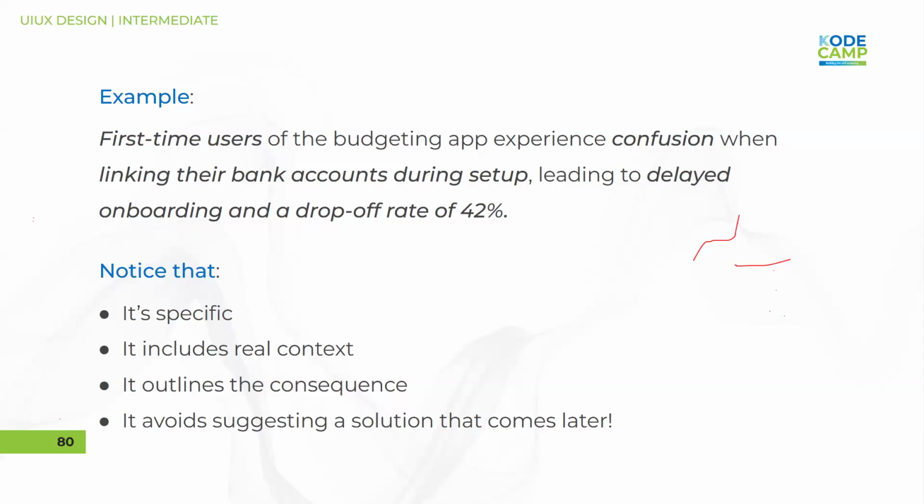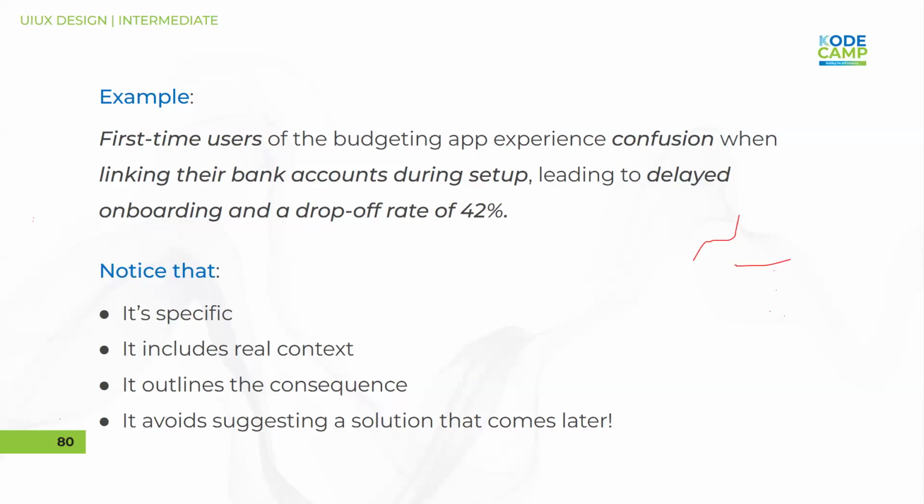So notice that this example is specific. It's telling you exactly what is happening. It includes real context, and it also outlines the consequences. It's telling you that there's a drop-off rate of 42%. There is no product owner or client that will want that after spending so much money on a particular product.